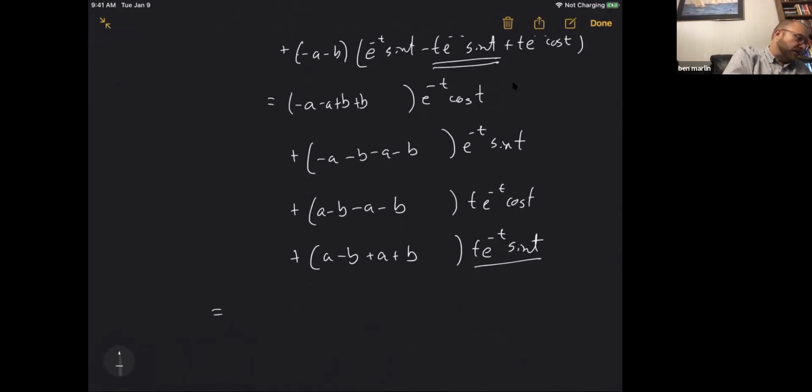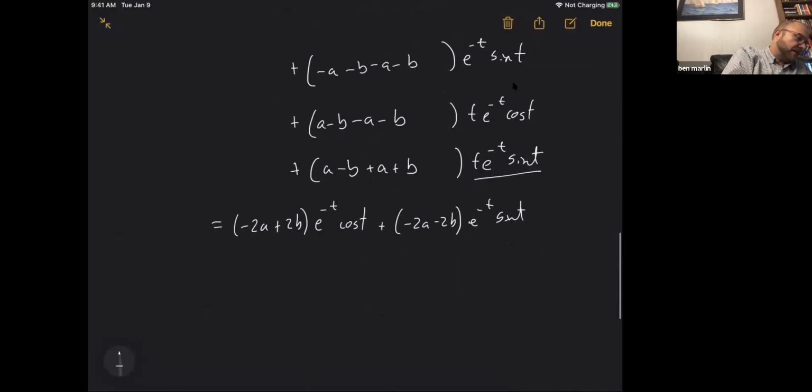Oh, Lord, which is equal to minus 2a plus 2b e to the minus t cosine t plus minus 2a minus 2b e to the minus t sine t plus quantity. Those cancel, minus 2b t e to the minus t cosine t. And those cancel, and plus 2a t e to the minus t sine t.